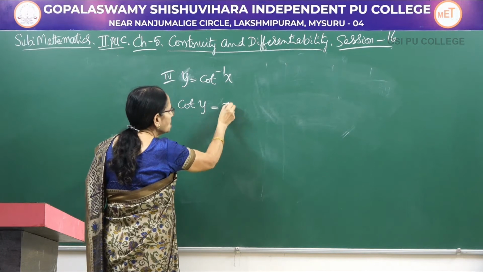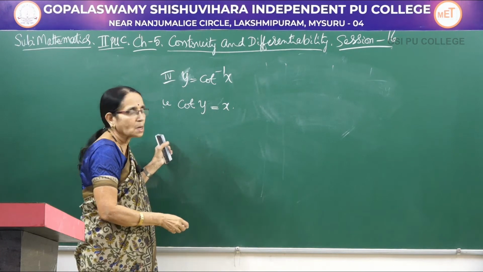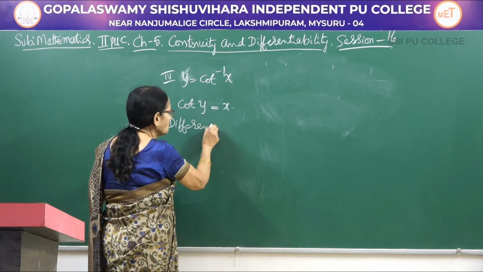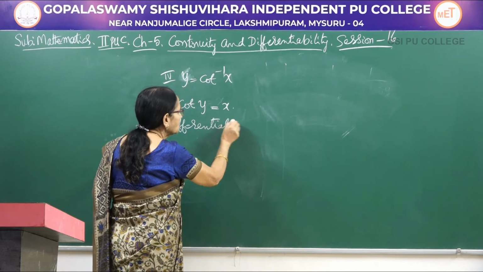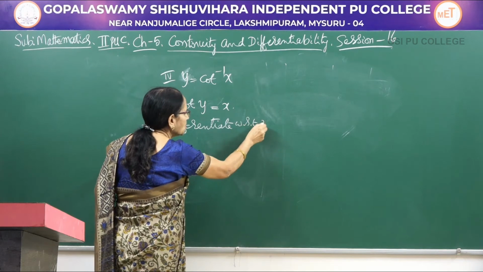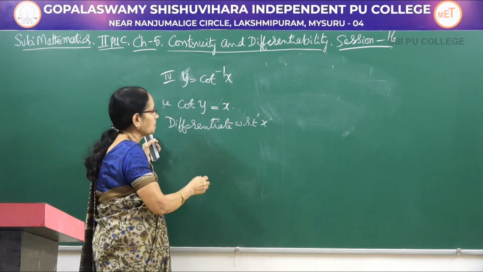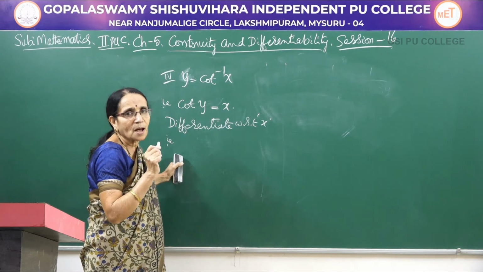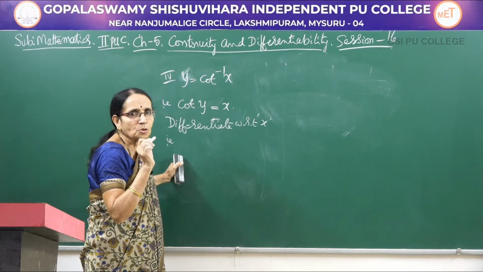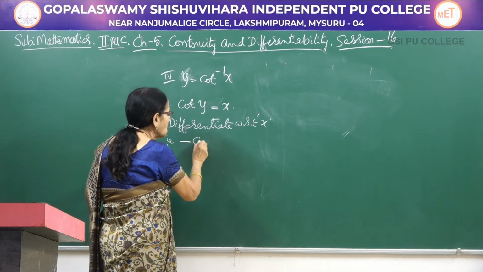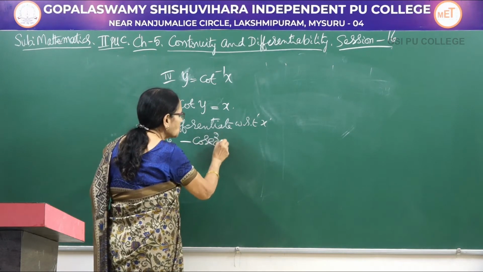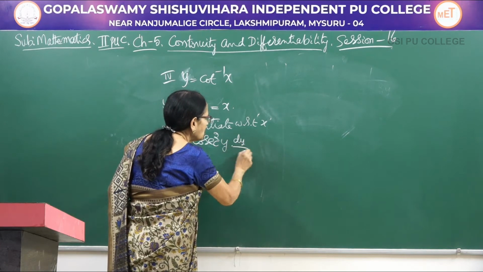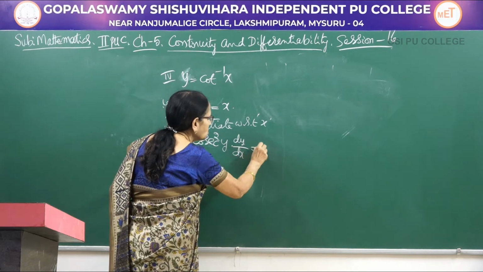So cot y becomes x here. Now the same procedure, the same statement: differentiate with respect to x. Here be careful, cot x has a derivative minus cosecant square x, that is minus cosecant square y in this case, and for y it is dy by dx, which is equal to 1.